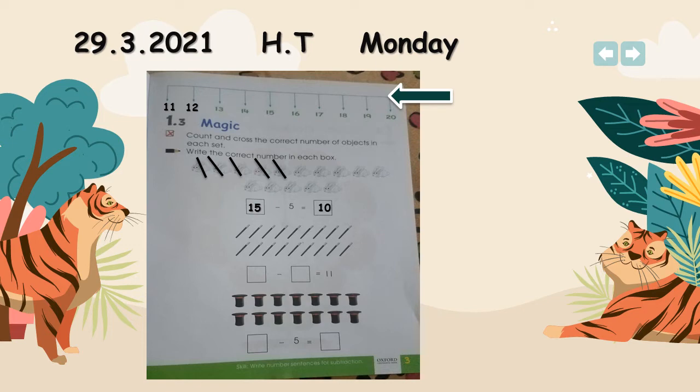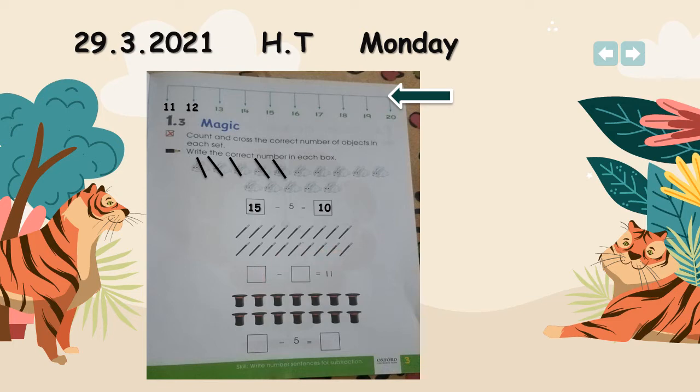The next one is magic wands. So let's count how many are there. 1, 2, 3, 4, 5, 6, 7, 8, 9, 10, 11, 12, 13, 14, 15, 16, 17, 18. 18 magic wands are here.